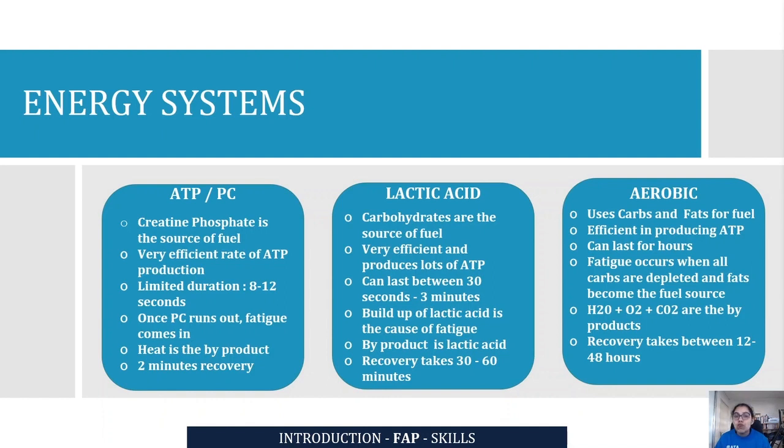So the aerobic system, this system is very efficient. It's the most efficient, but the rate of ATP production is medium, and it can't quite cope with the higher intensity exercises. So this is where we're focused on medium intensity.